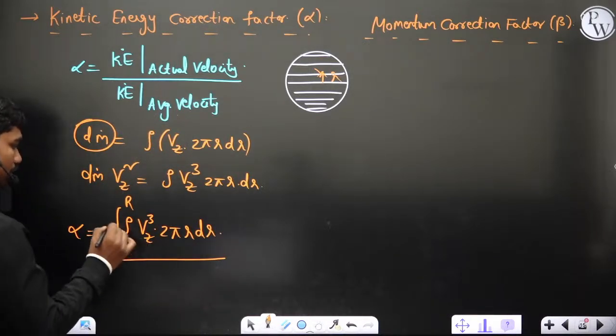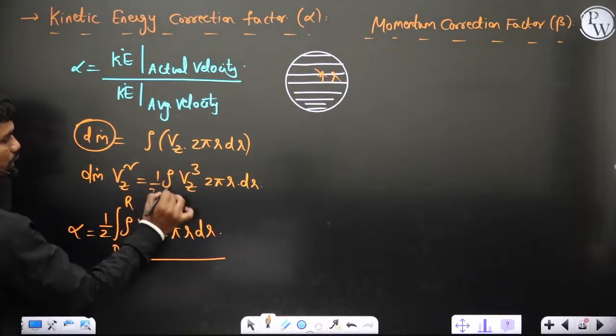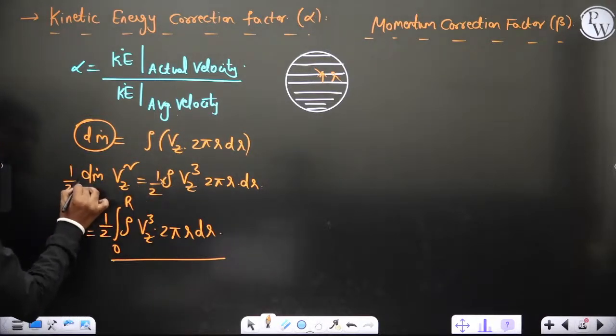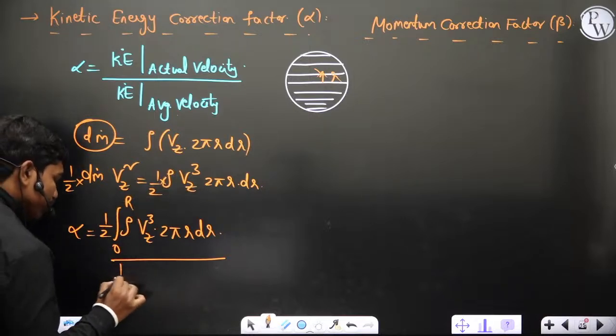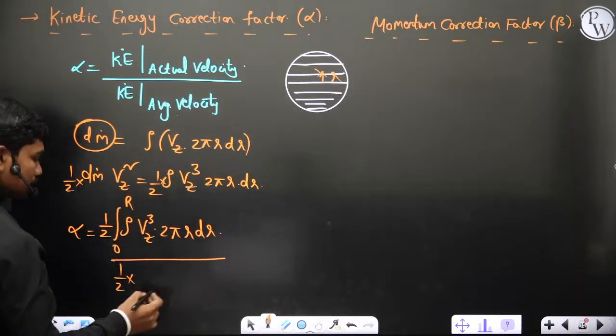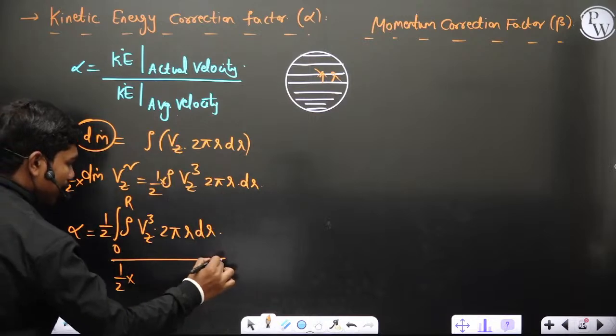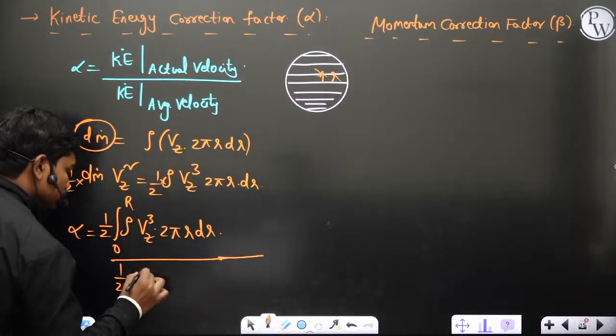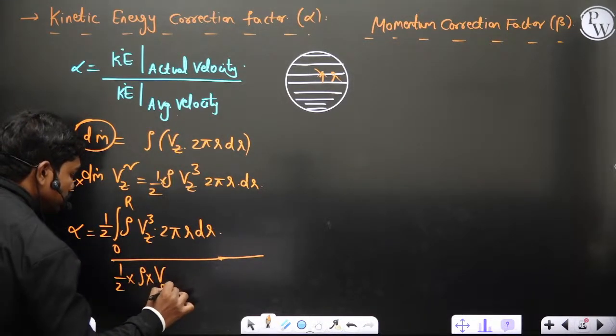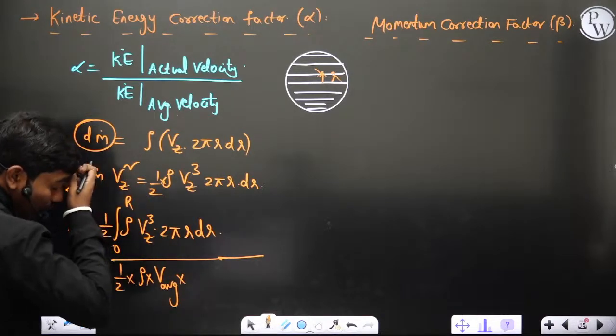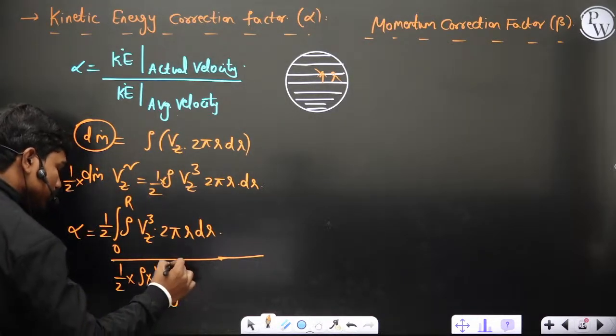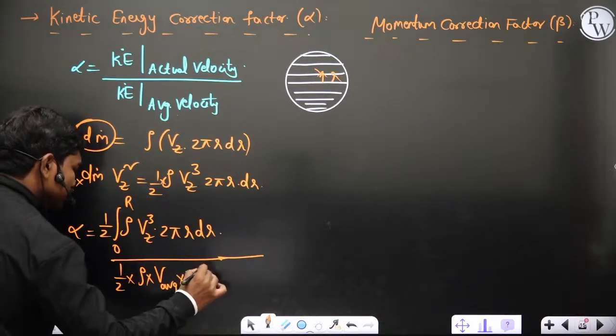Half is also there, because half v square is there, so kinetic energy is half m v square. So half into total mass flow rate, which is density into v average into flow area, which is pi r square. So this is the mass flow rate.